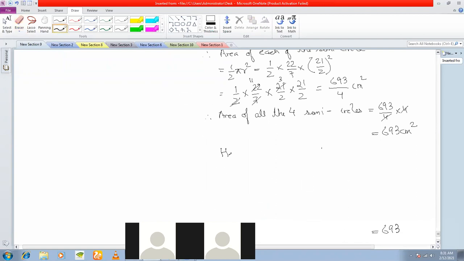Hence, area of the shaded region is equal to area of the square ABCD plus area of the 4 semicircles.